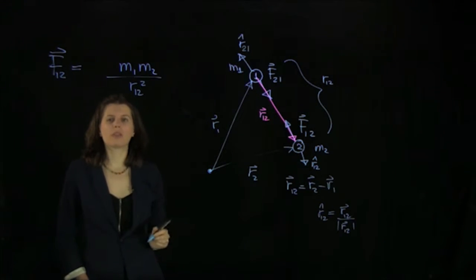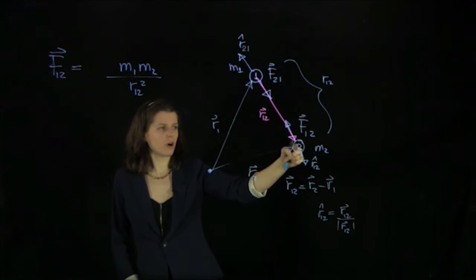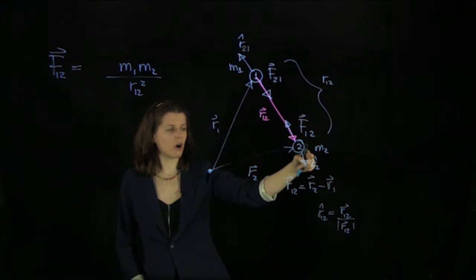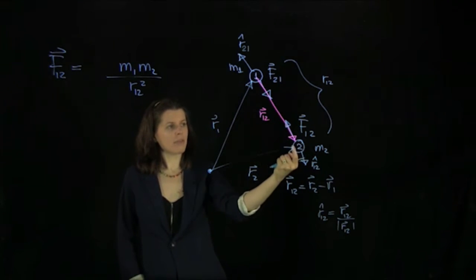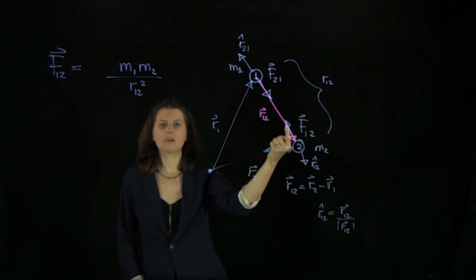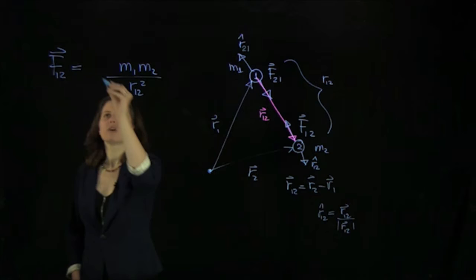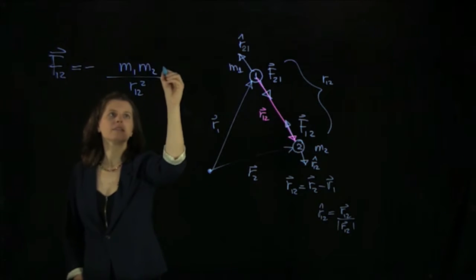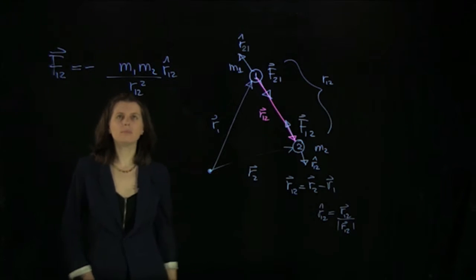But what about the direction? We were looking at object 2. We placed our r-hat unit vector to point down, but the force is going in the opposite direction, so in the negative r12 hat direction. So we have to add a minus here and then r12 hat.